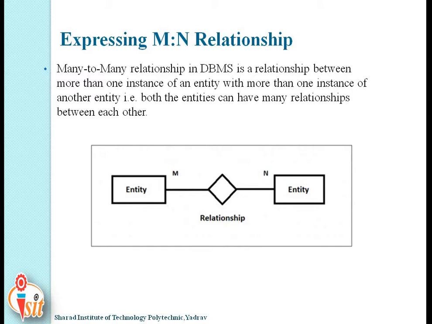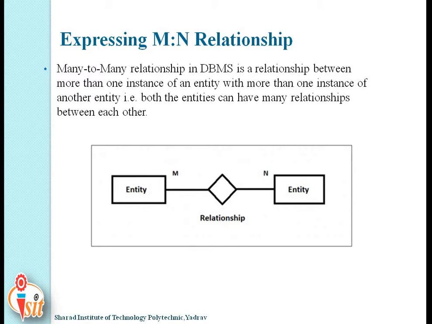Or you can say a many to many relationship in a database management system is a relationship between more than one instance of an entity with more than one instance of another entity. That is, both the entities can have many relationships between each other.